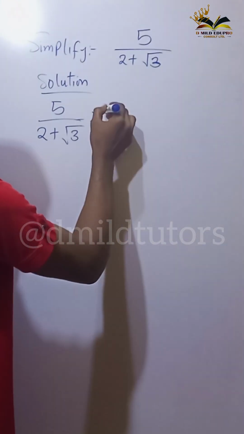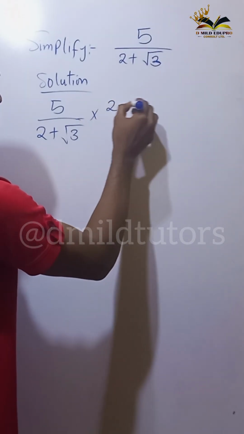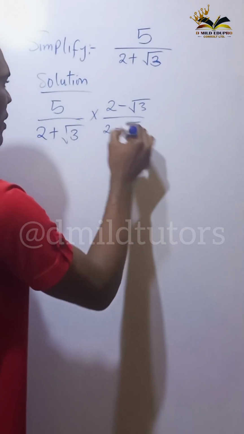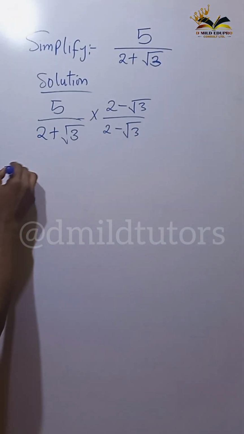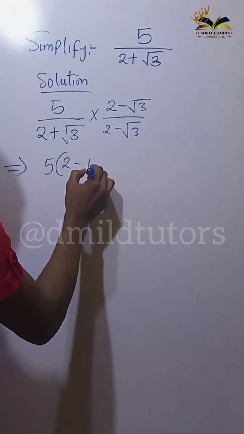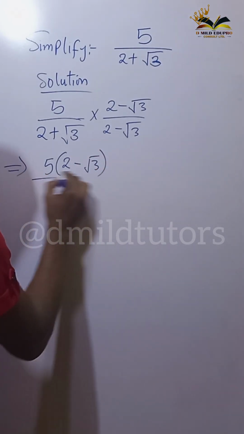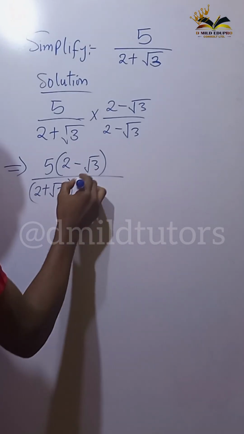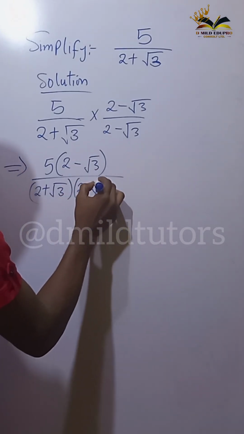So we use it. We have 2 minus root 3 all over 2 minus root 3. And here what we have is 5 into bracket 2 minus root 3 all over 2 plus root 3 into bracket 2 minus root 3.